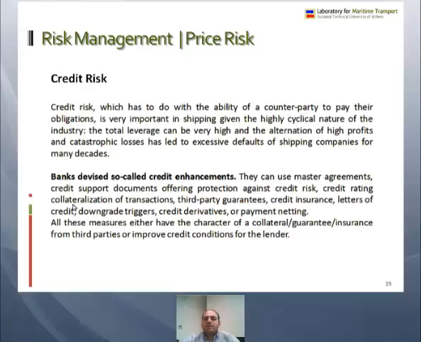Banks devise these so-called credit enhancements, and they can use master agreements, credit support documents that offer protection against credit risk, credit rating, collateralization of transactions. We also have third-party guarantees, credit insurance, letters of credit. All these things can make us feel safe against this credit risk.